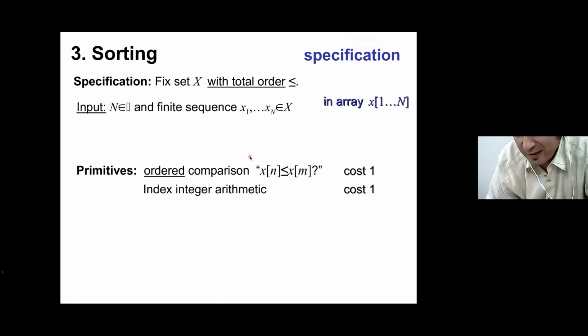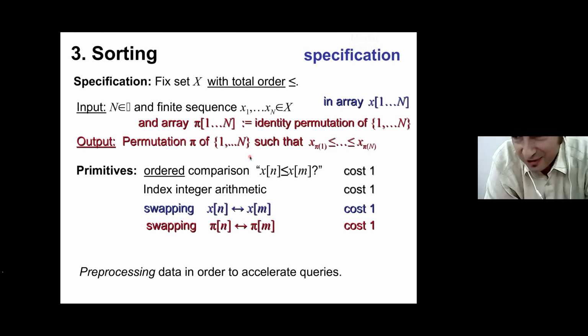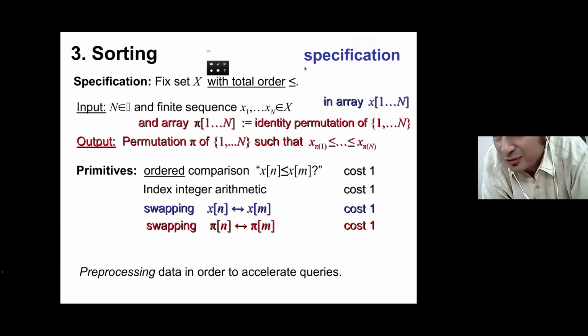So okay. So what is sorting supposed to do? Let's just say first something about the specification of sorting. I have, say, an array of elements of some data type X, which has an ordering relation.